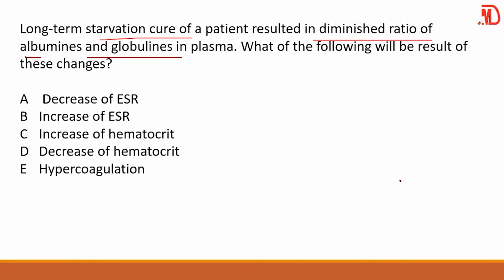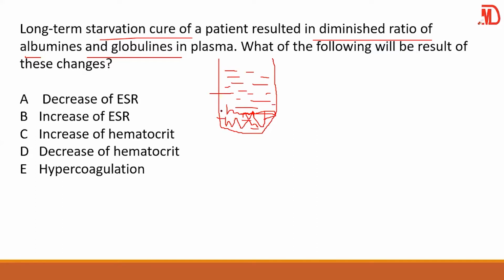So assuming we have our container like this, and we want to look at the erythrocyte sedimentation, that means the red blood cells. Assuming this is the sedimentation, and this is our normal plasma volume in the vessel.